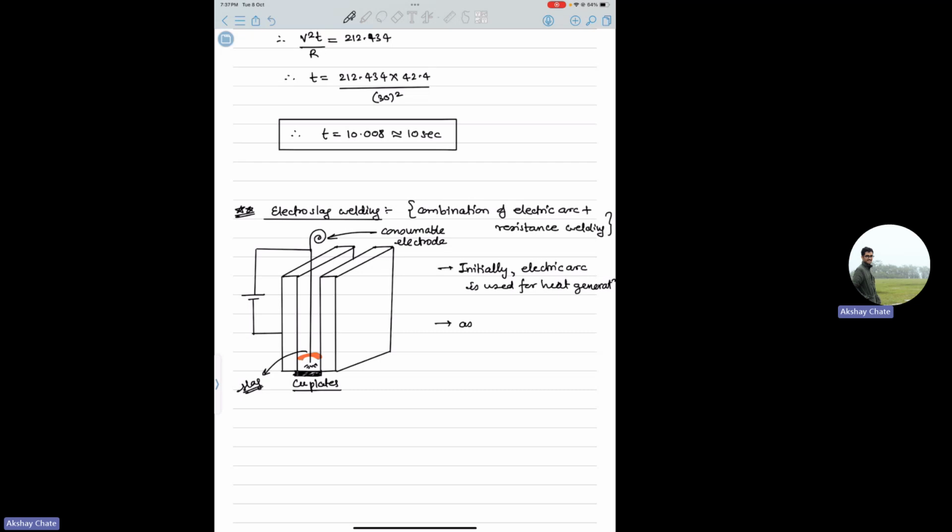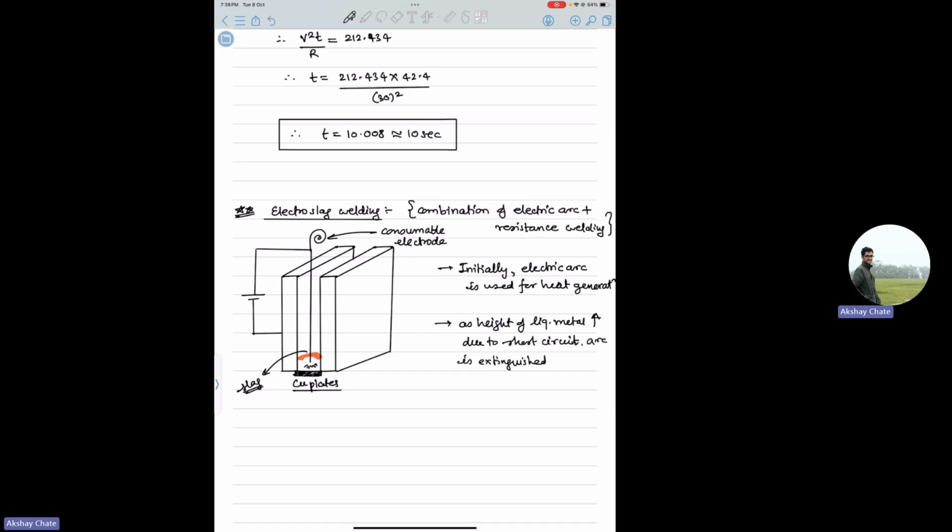Then as the height of liquid metal increases, due to short circuit, arc is extinguished. Okay, so this arc is not sustainable here.